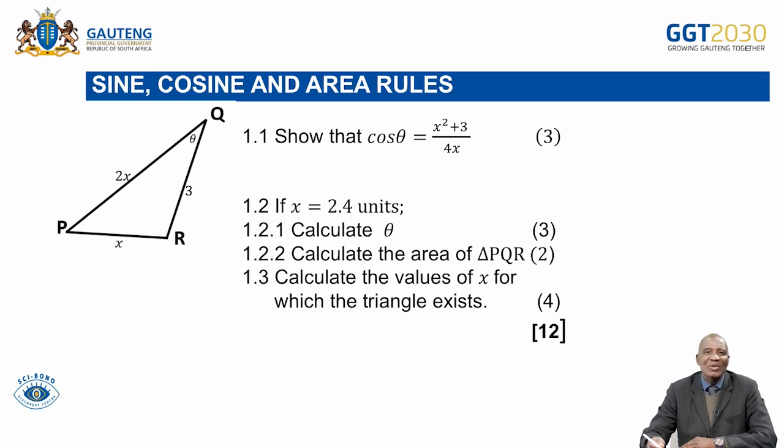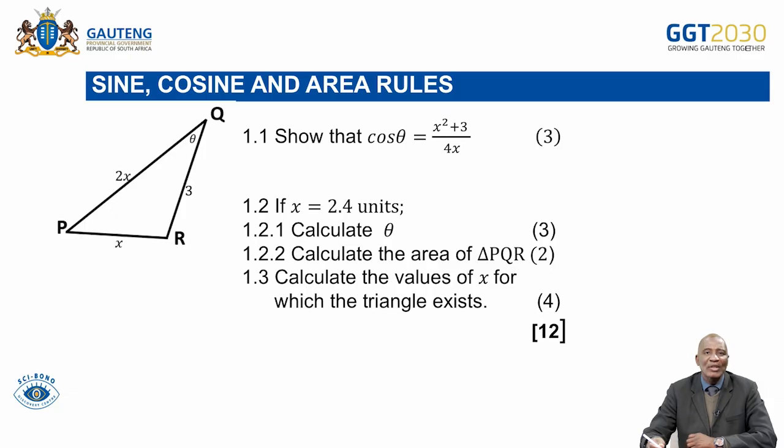Then the second part of the question, 1.2, we are told now that if x is equal to 2.4, I don't know where they got that 2.4 from, but you will see later on why they chose 2.4. If x is 2.4 units, determine the value of theta, calculate theta.